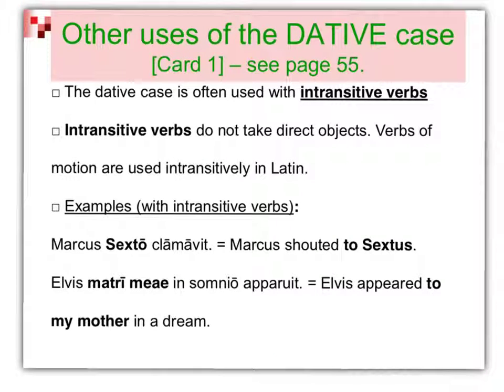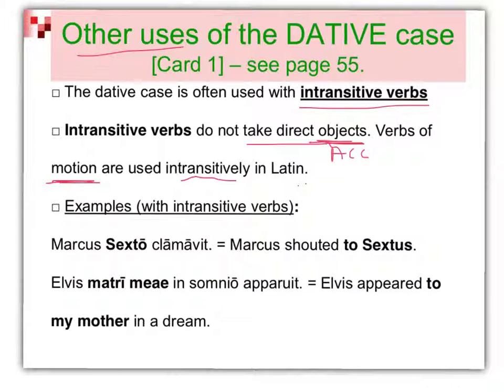Okay, now let's move beyond the indirect object and look at other uses of the dative case. The dative case is often used with intransitive verbs, and these are verbs that do not take direct objects. Often you look for things that are accusative, but those are usually direct objects. For example, verbs of motion, running, walking, swimming, are used intransitively in Latin.